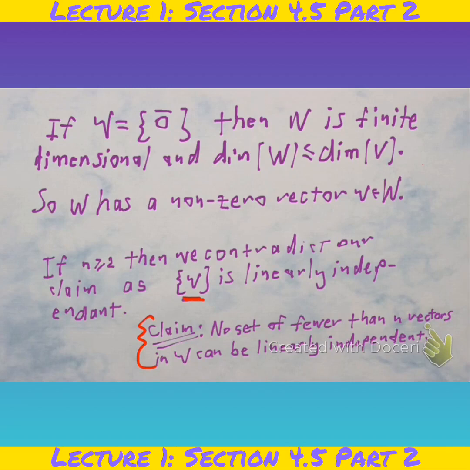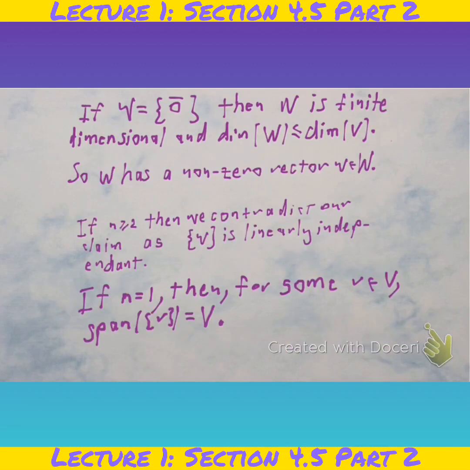So we contradict this claim clearly. So therefore, what can we then say? Right, so we can then say that n is 1.